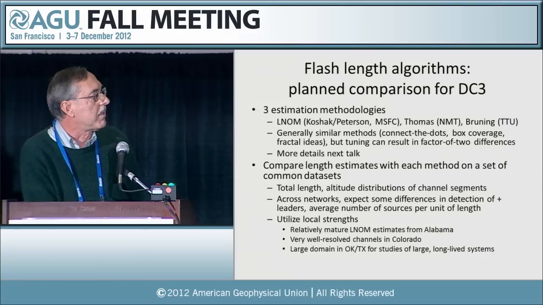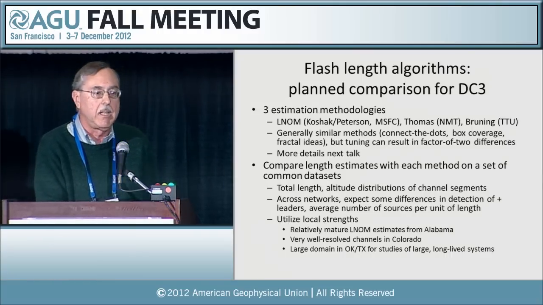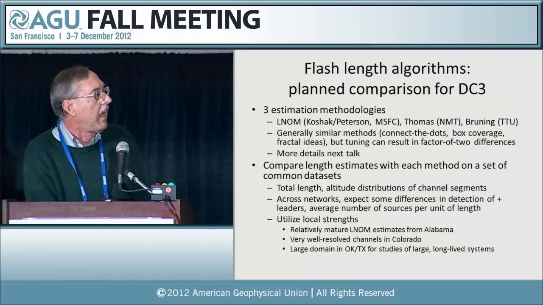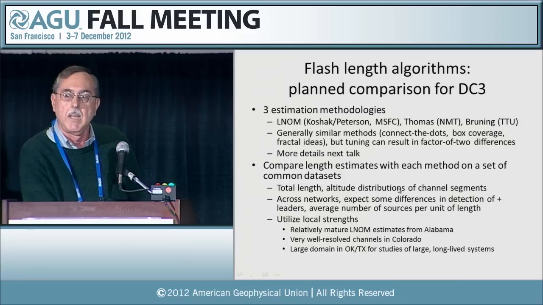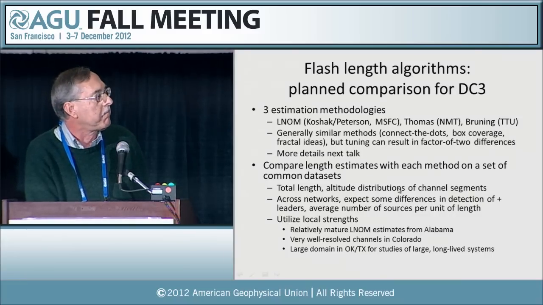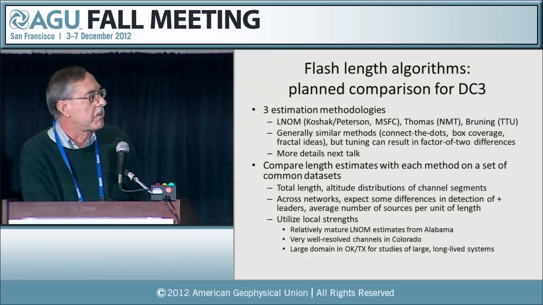And of course, what we want is total length as a function of time in each of the studied storms, and also we want altitude distributions of the channel segments. So this will be really helpful in the modeling of these systems.